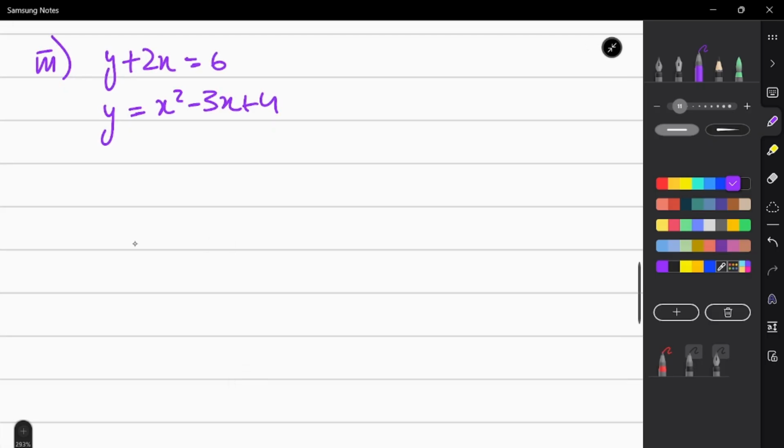So we're just going to be equating these two simply. Minus 2x plus 6 is equal to x squared minus 3x plus 4, and solve it till we get a quadratic equation.